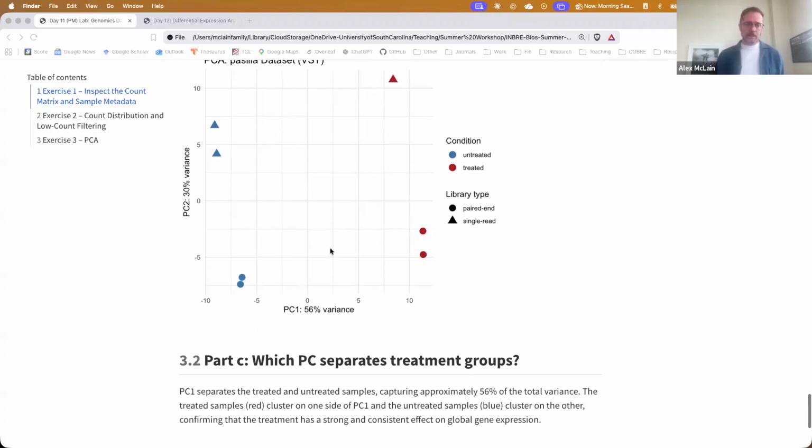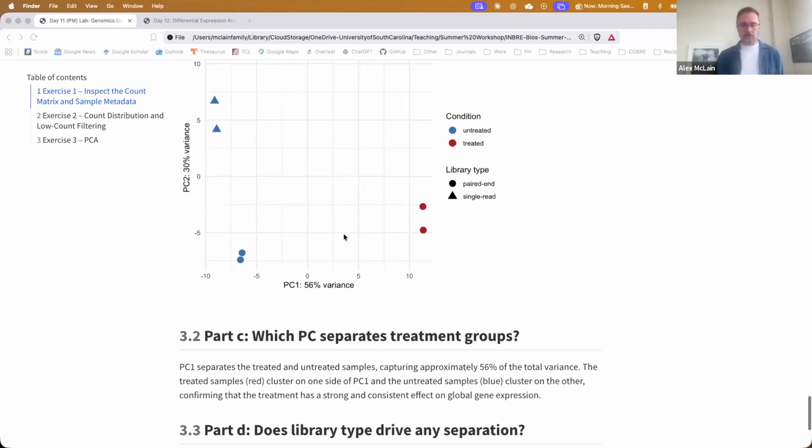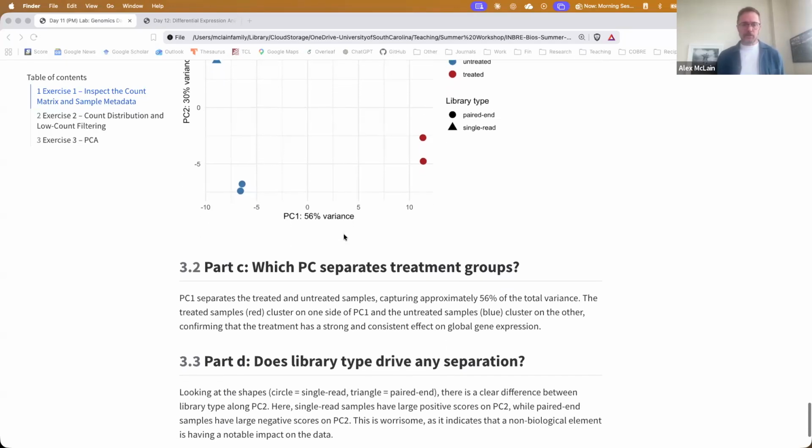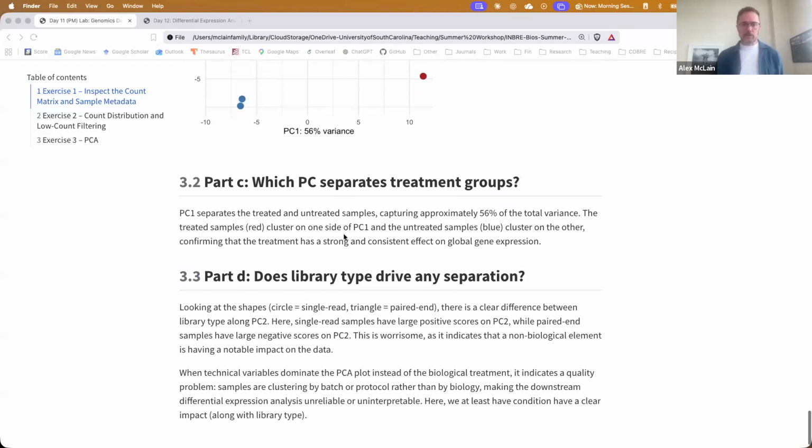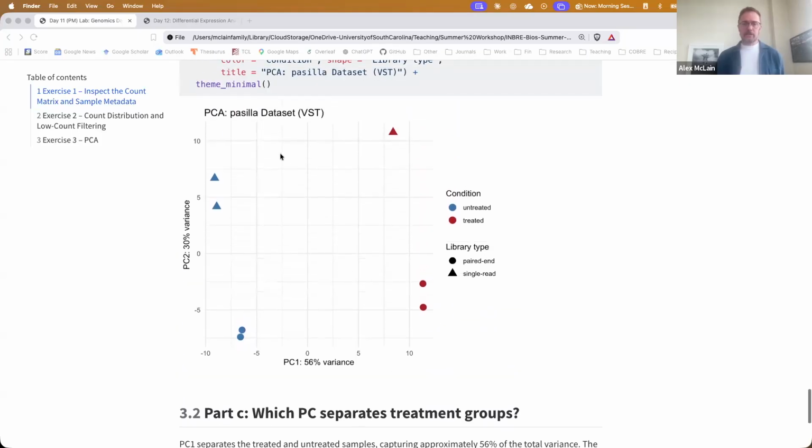So that is a little concerning. So in situations when we have technical variables that are showing a clear impact on the results that we get, that's something that's going to make us a little concerned, right? Because here we don't want library type to be driving the results. We want condition to be driving the results.